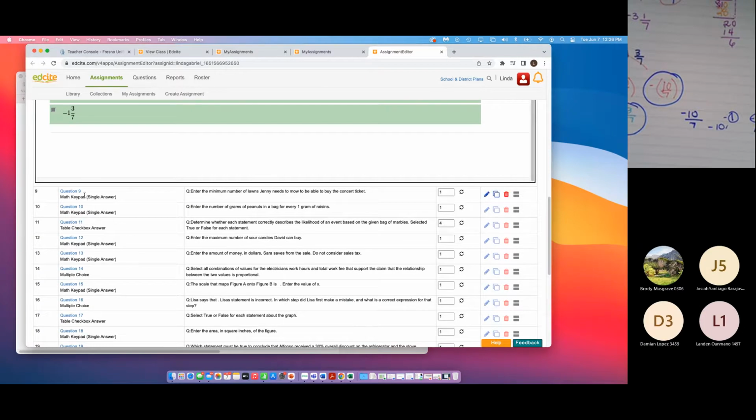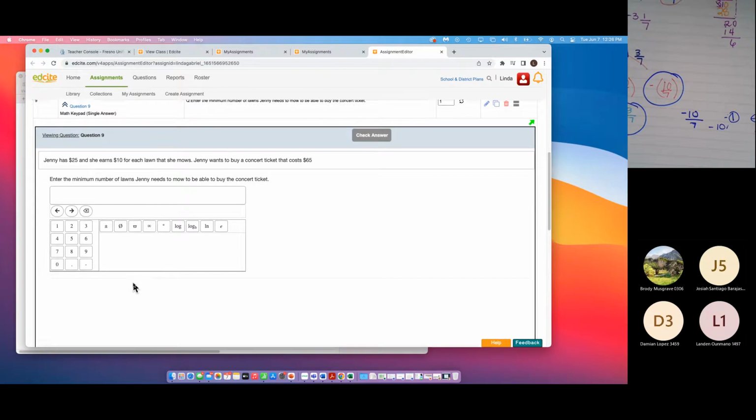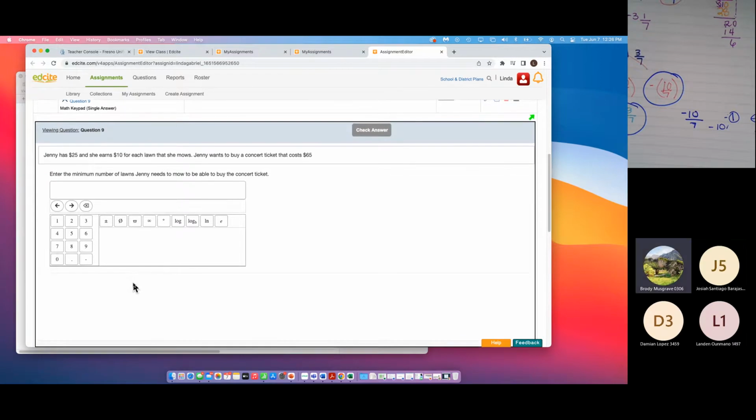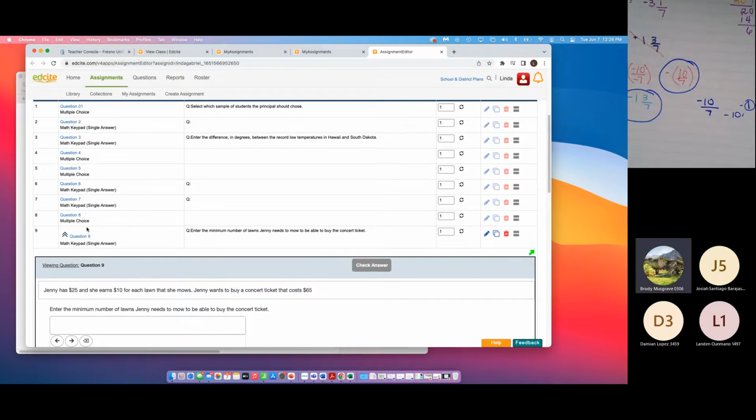So number 9. Jenny has $25 and she earns. Wait, what was the second one? Oh, the second one is equal to these two. Oh, okay.